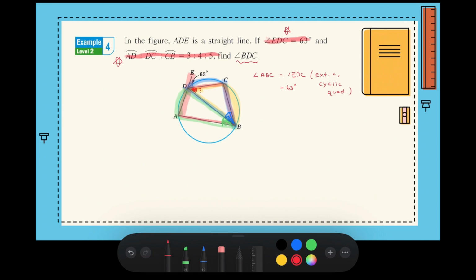So therefore, let's write out. We do not know the angle, but we do know the ratio of it. So it equals the arc AD to the arc DC, which is your 3 to 4. And the reason for that is arcs proportion to angles at circumference.